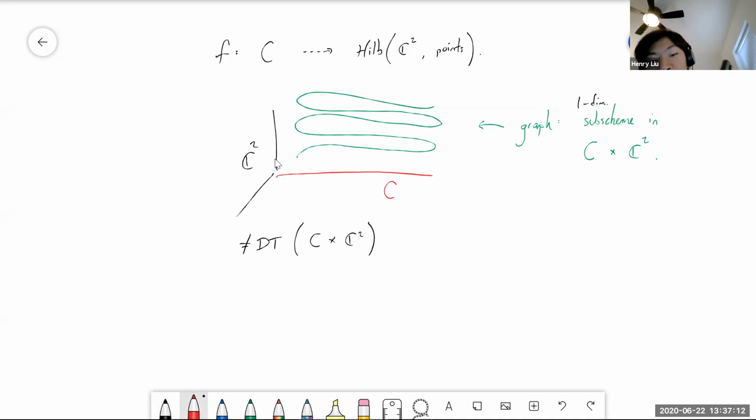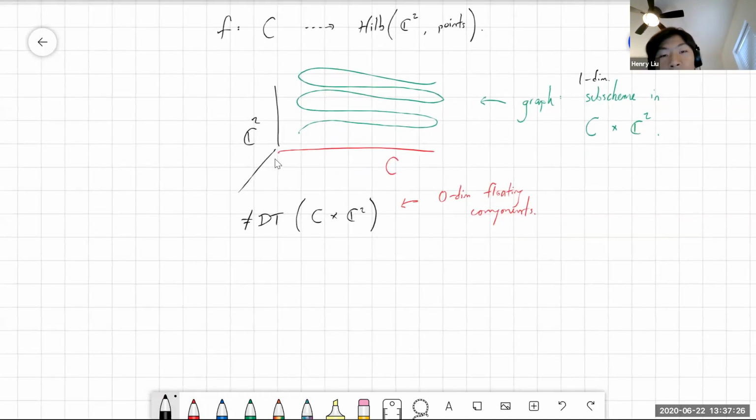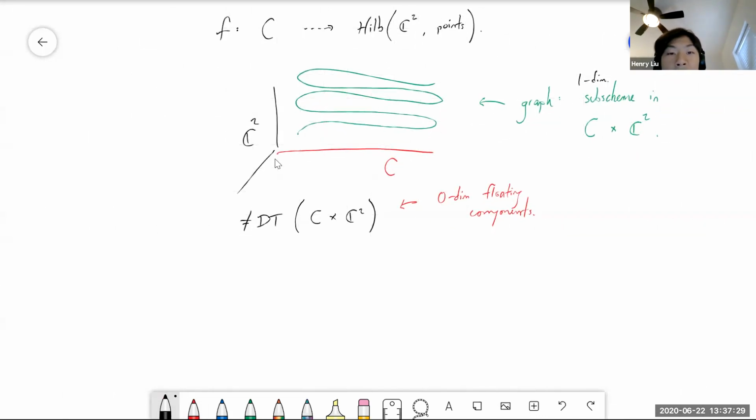The reason is that inside DT theory, you have these zero-dimensional things floating around, components. Well, I guess in this particular case of the Hilbert scheme of C2, this really is the same as PT theory on C times C2.